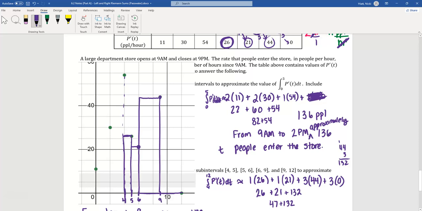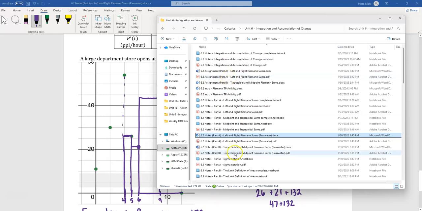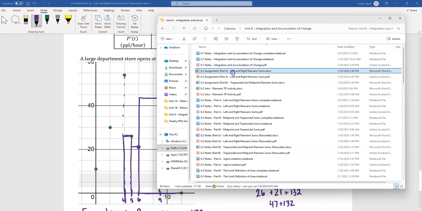So let's flip over and look at the homework that you guys had. And which one is that? This one here.